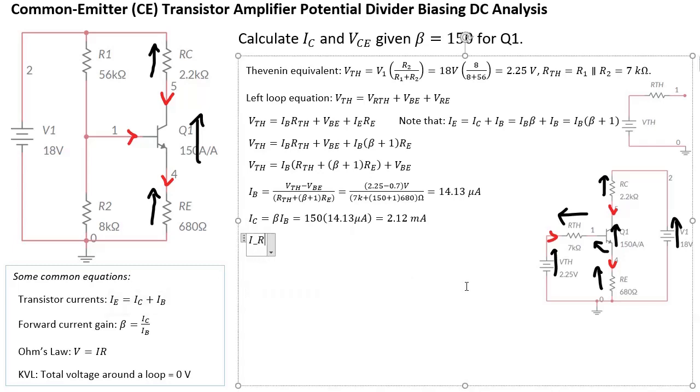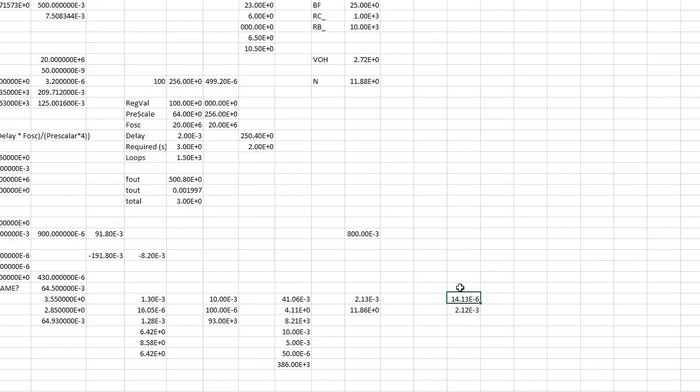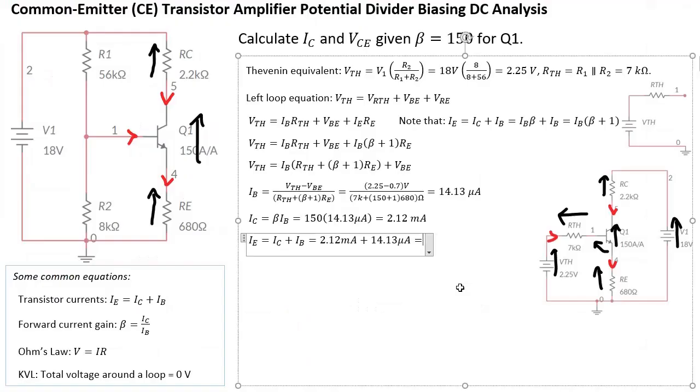IE is simply IC plus IB, so that's 2.12 milliamps plus 14.13 microamps, so it's 2.13 milliamps.